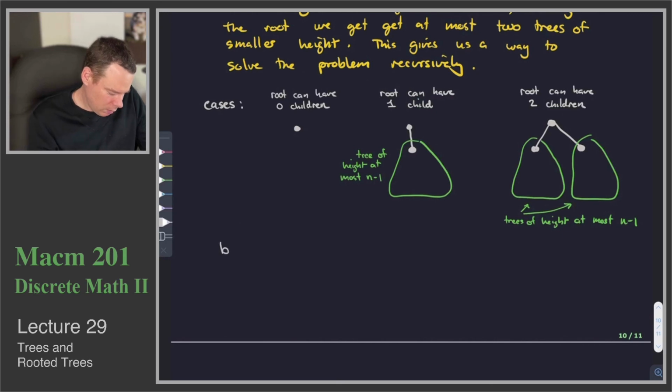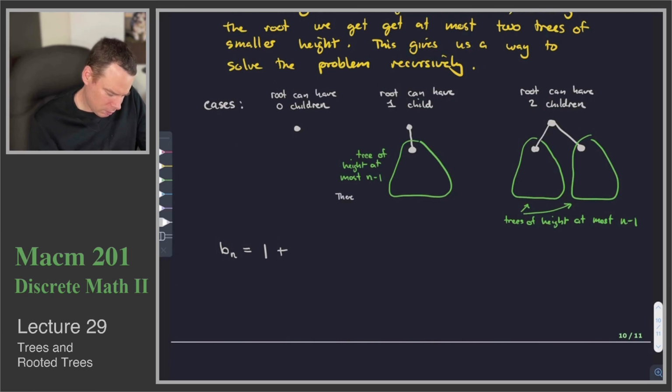So how many binary trees are there of height at most n? Well, there's going to be always this one, that isolated vertex, plus the number of trees that are going to come from this picture here, the root having one child. So how many of those are there? Well, it's the number of ways we could fill this position with a tree of height at most n minus 1.